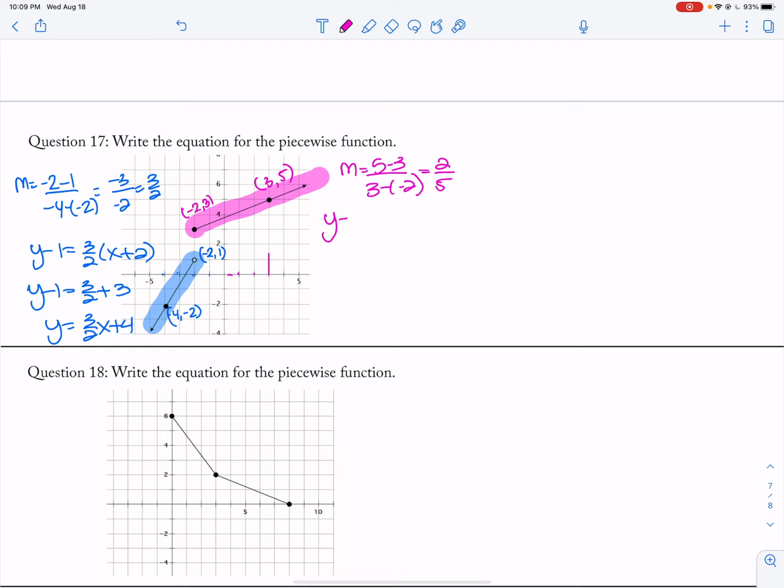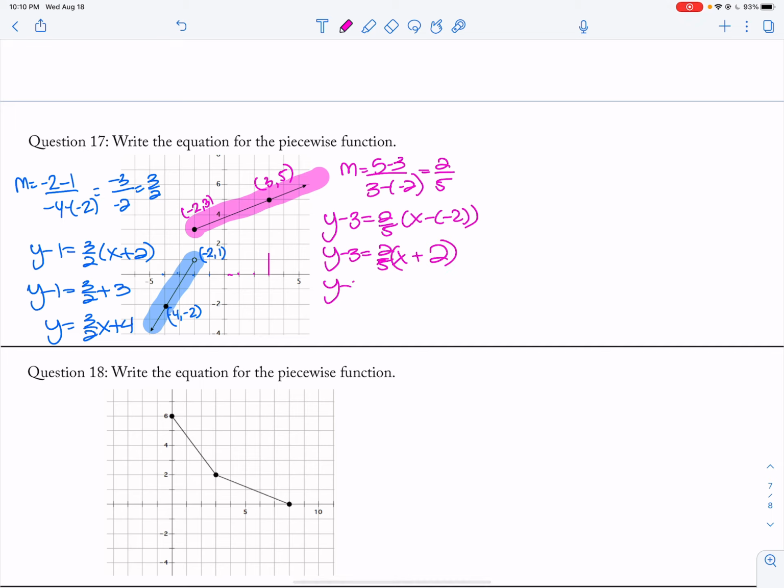So y minus 3 is equal to 2/5 times x minus -2. So y minus 3 is equal to 2/5 x plus 2. Okay.